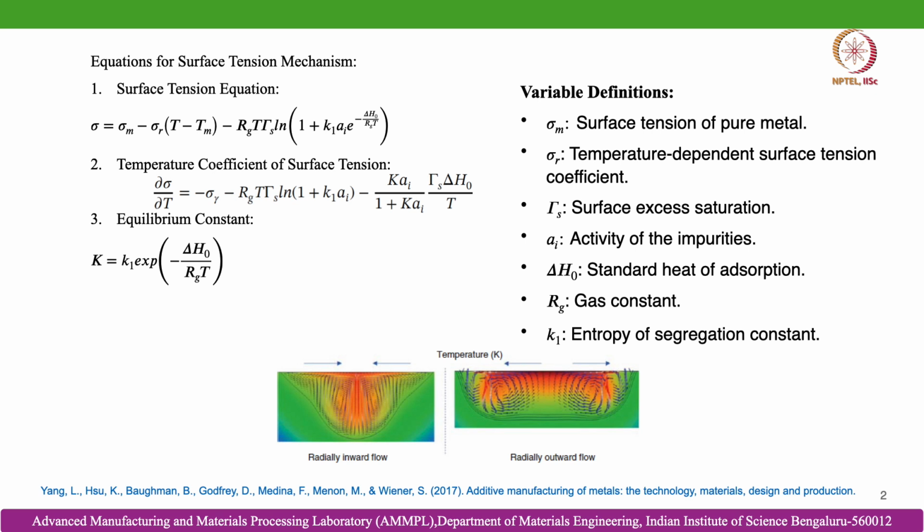simplified into the expression that is depicted over here, that is d sigma dT is equal to minus sigma_r minus R_g T gamma_s k a_i delta H0 by (1 plus k a_i) into T, okay, where the equilibrium constant K is equal to k1 exponential minus delta H0 by R_g T, where gamma_s is the surface excess saturation, a_i is the activity of the impurities, delta H0 is the standard heat of adsorption, R_g is the gas constant, and k1 is the entropy of segregation constant.